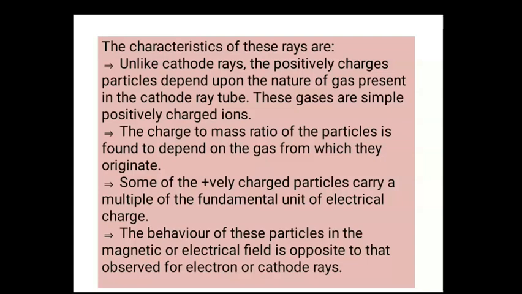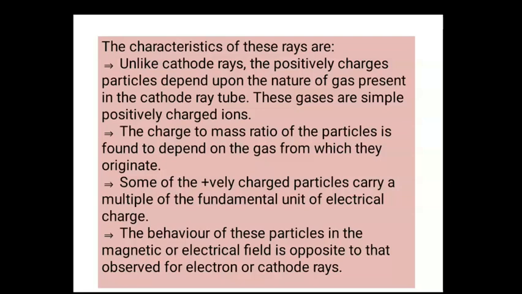Now if we shift to helium gas, helium will lose 2 electrons, so it gets converted into He 2 positive. So mass of helium is 4 units, but the charge carried by helium ions is 2 units. That means here charge as well as mass is changing.